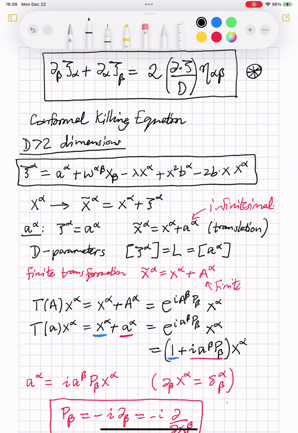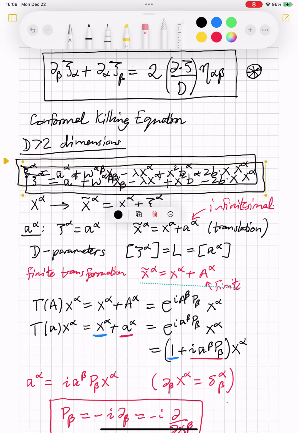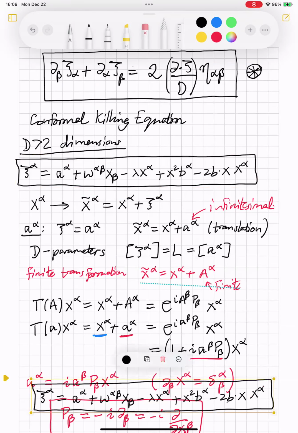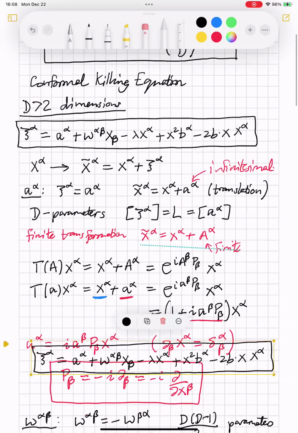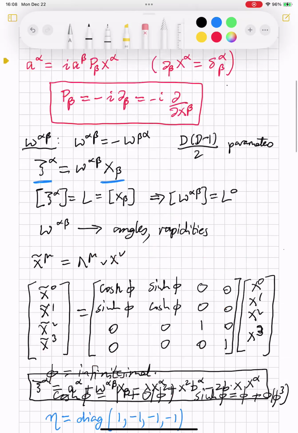You know what? In fact, I'm going to copy it and move it downstairs so that we've got it handy. We will want to refer to this.